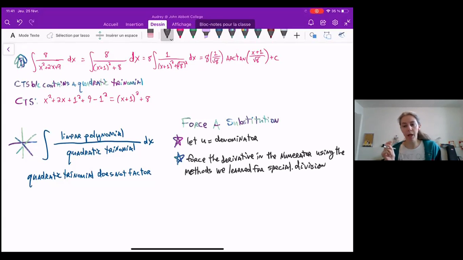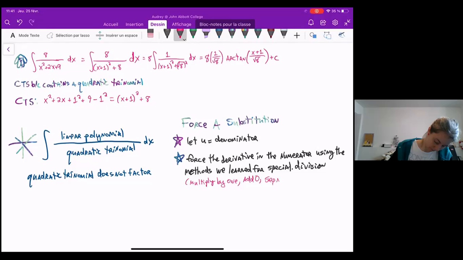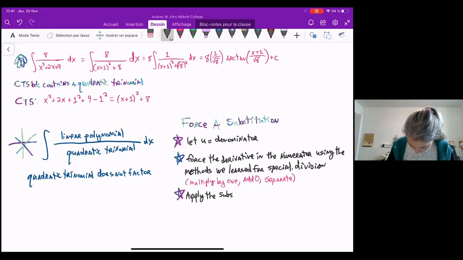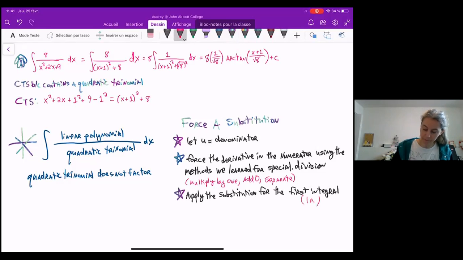In other words, multiply by 1, add 0, and separate. And then the last thing we do is apply the substitution to the first integral and complete the square for the second integral. So that first integral is going to give me a ln, and we complete the square for the second integral.